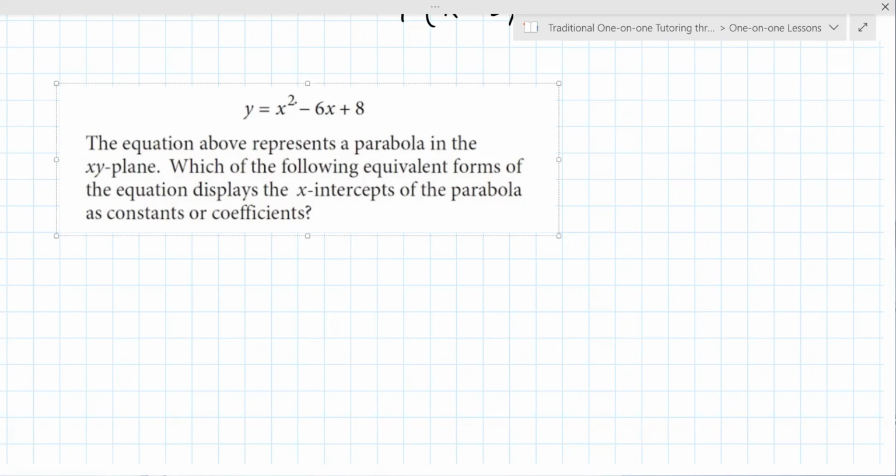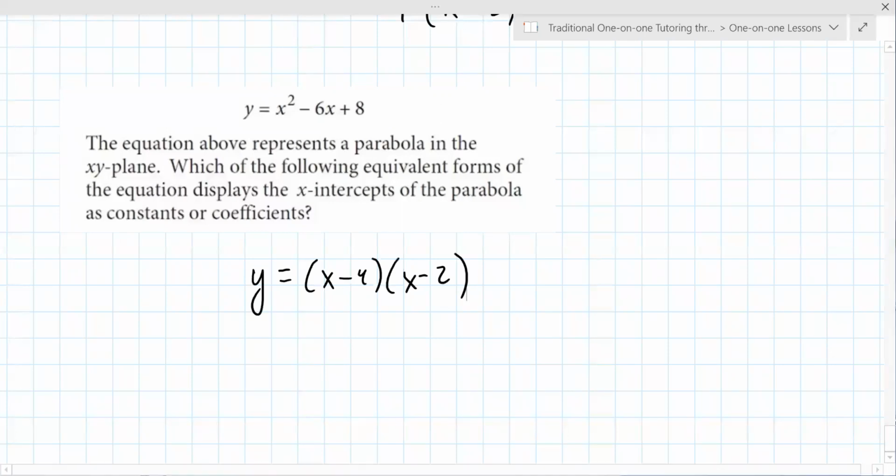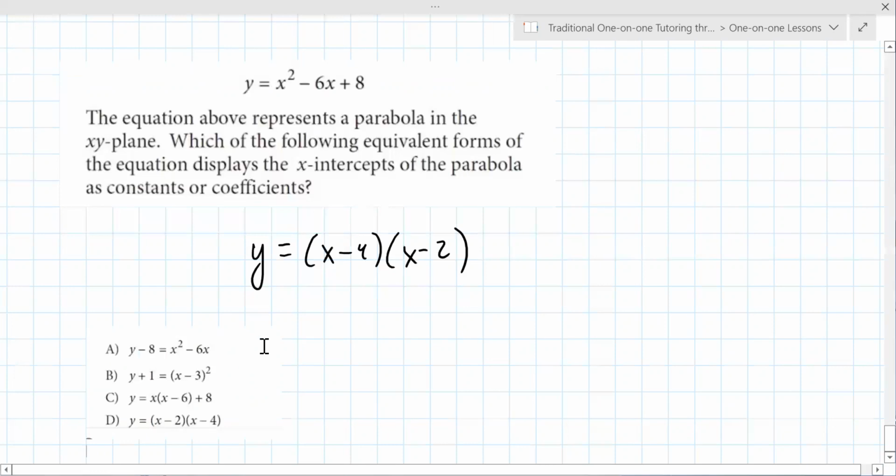So x minus 4x. Okay, I got something. Okay, what do you have for me? I got x minus 4, x minus 2. Okay, I agree. Now let me give you the full answer space here, and we'll talk about that. Okay, so which is the correct answer?